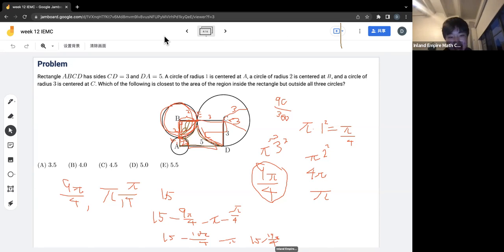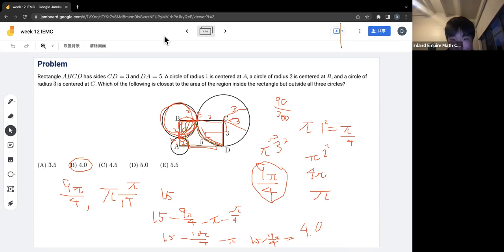And if we calculate that, we get something that is extremely close to 4.0. And that means that the answer in the end is going to be B.